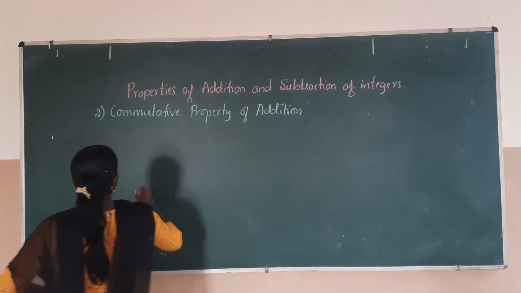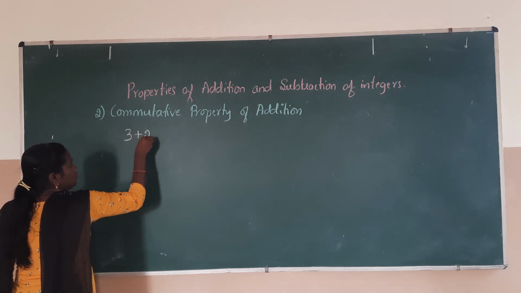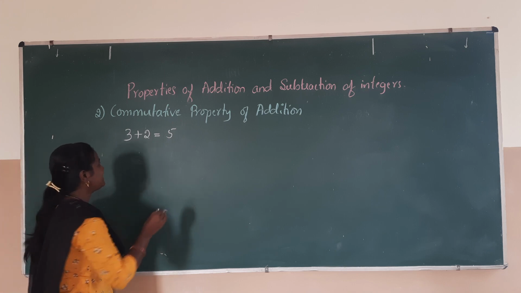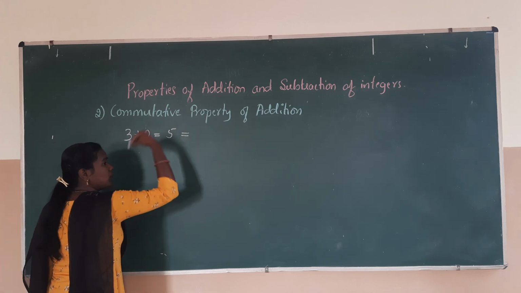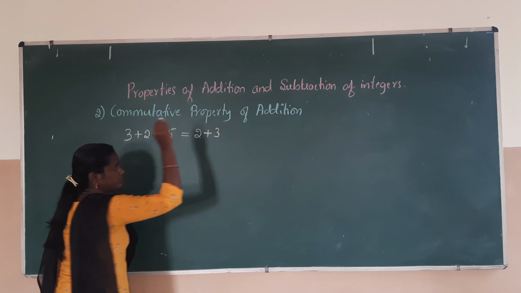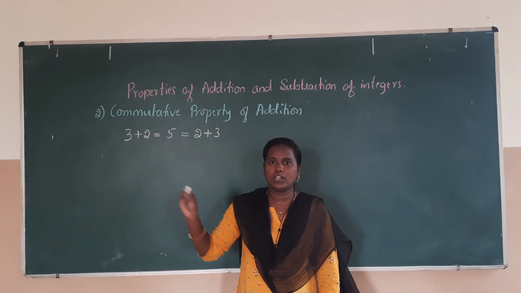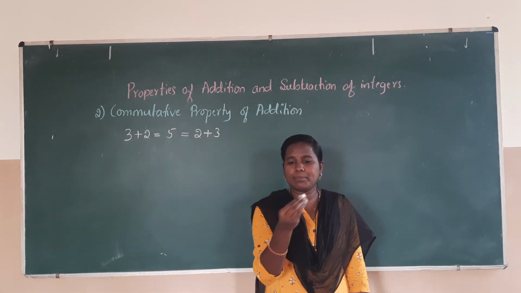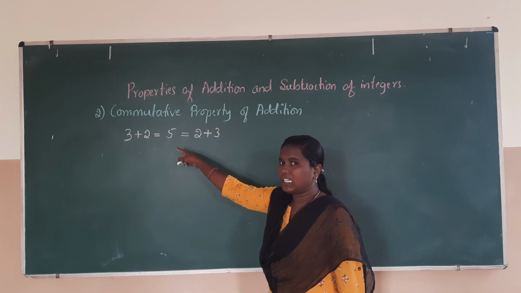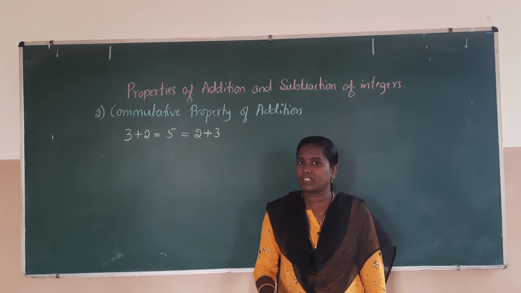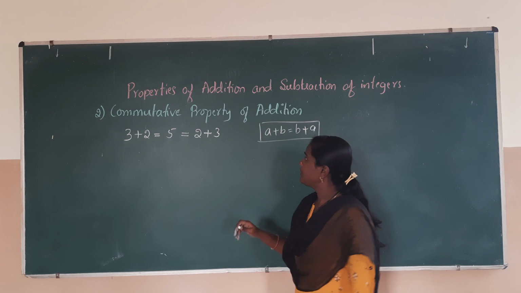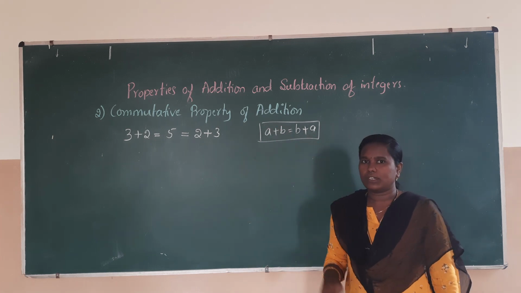This we all learn for whole numbers, because 3 and 2 are whole numbers. In general, we write a plus b is equal to b plus a.